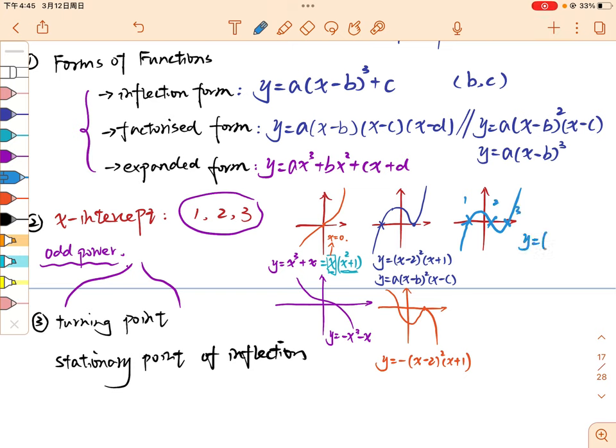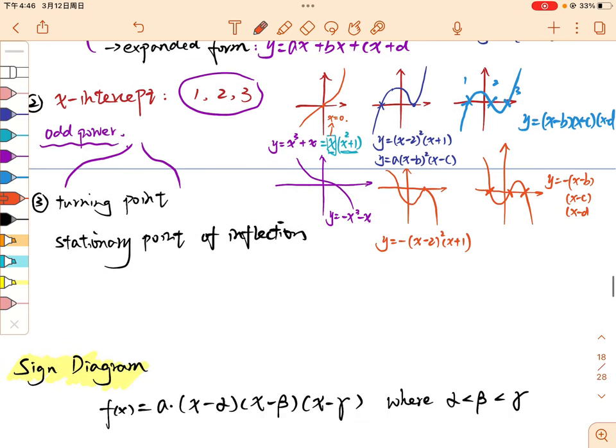Your function might look like (x minus b)(x minus c)(x minus d). Or you could have its negative function going this way, with 3 points that hit the x-axis. So y would equal negative (x minus b)(x minus c)(x minus d).